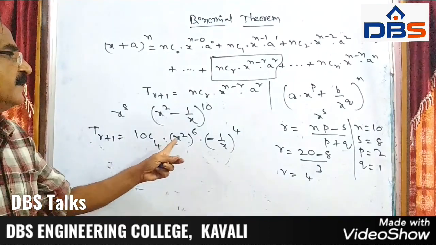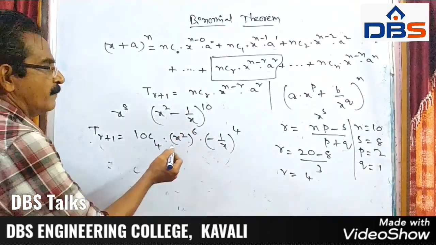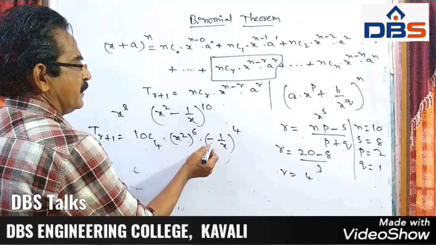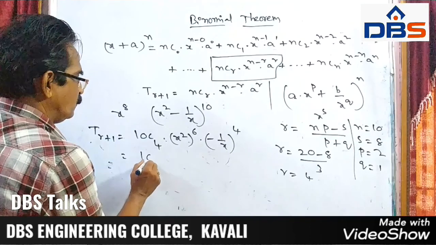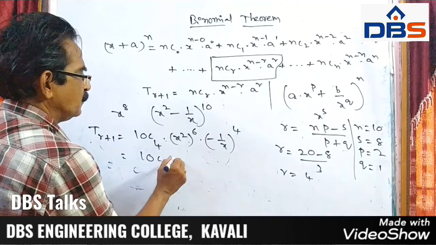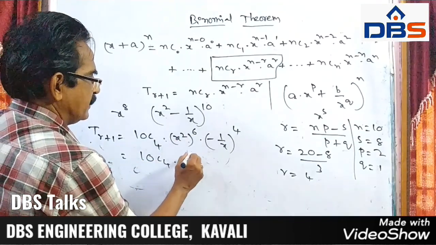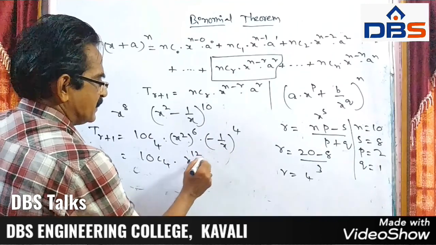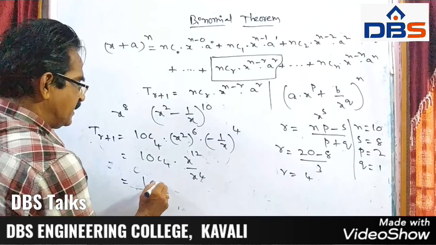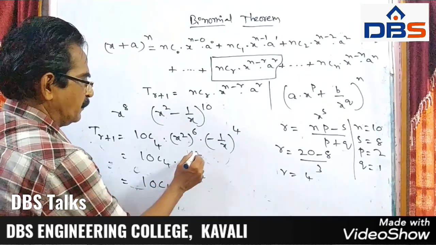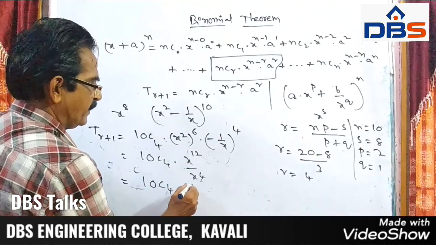Right friends, this is equal to 10c4 into x power 12 by x power 4, which means x power 8.